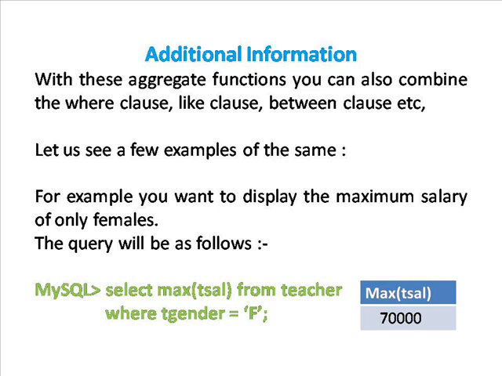The query will be select max in brackets TSAL from teacher where TGender is equal to single quotation F. Notice that we have used the where clause along with the aggregate function max in the select statement. So the output will be 70,000. Why? Because we are asking for females, and what are we asking it to display? The maximum salary from the column TSAL.